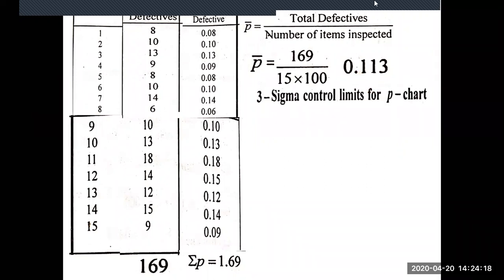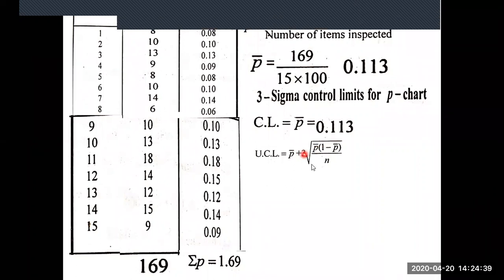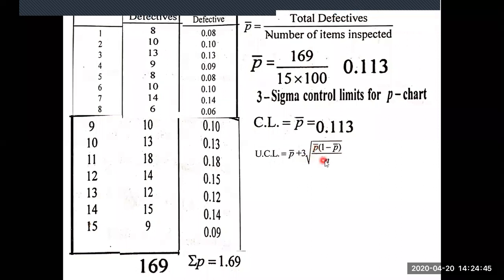Now we have to find the 3 sigma control limits for the P chart. The center line is nothing but P bar only. P bar is 0.113. Now you write it here. Next, the upper control limit is P bar plus 3 sigma limits, therefore P bar plus 3 into root of P bar into 1 minus P bar by n. P bar value you know, 3 is already 3.